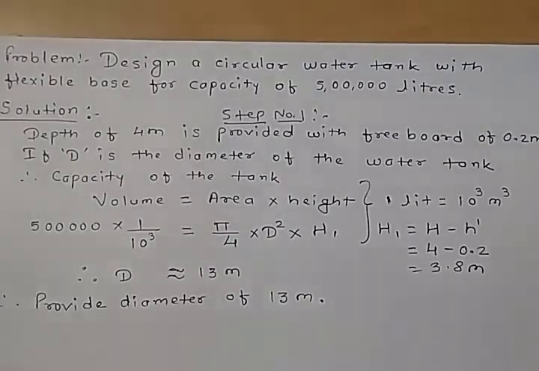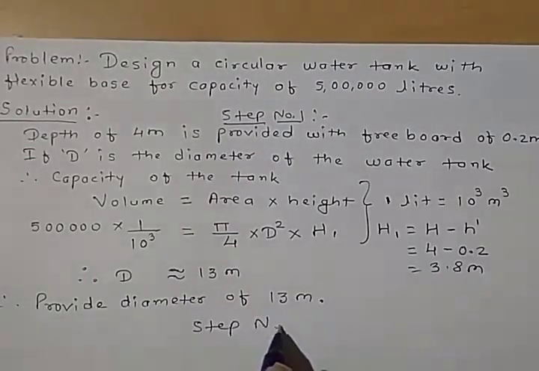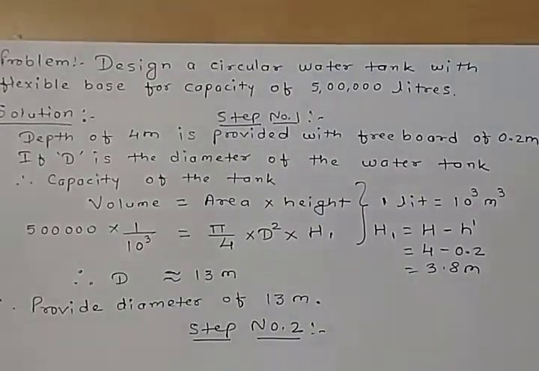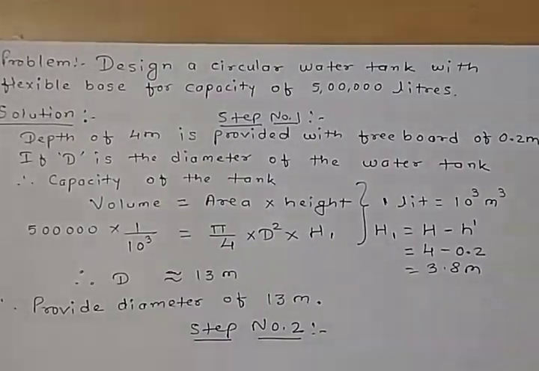And step number 2 is where you need to calculate the area of the steel required in case of hoop tension. So we need to calculate the area for hoop tension, and before that we can calculate the maximum hoop tension. You know that the maximum hoop tension would be at the base.